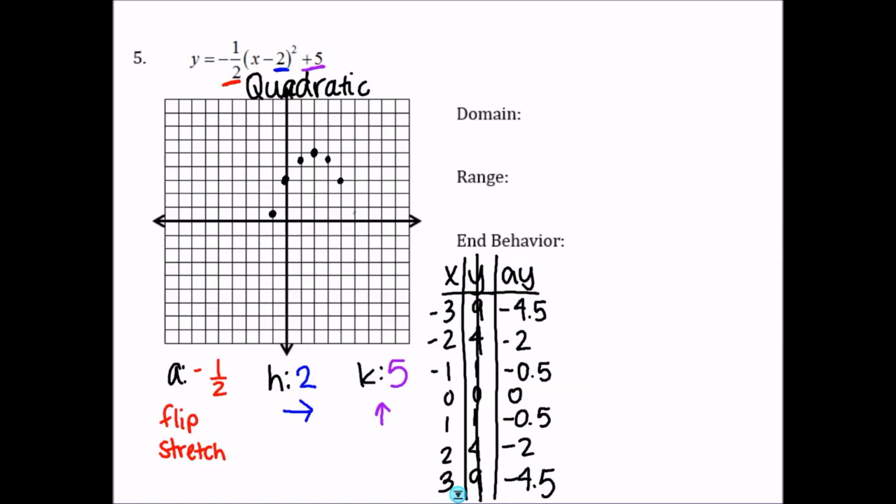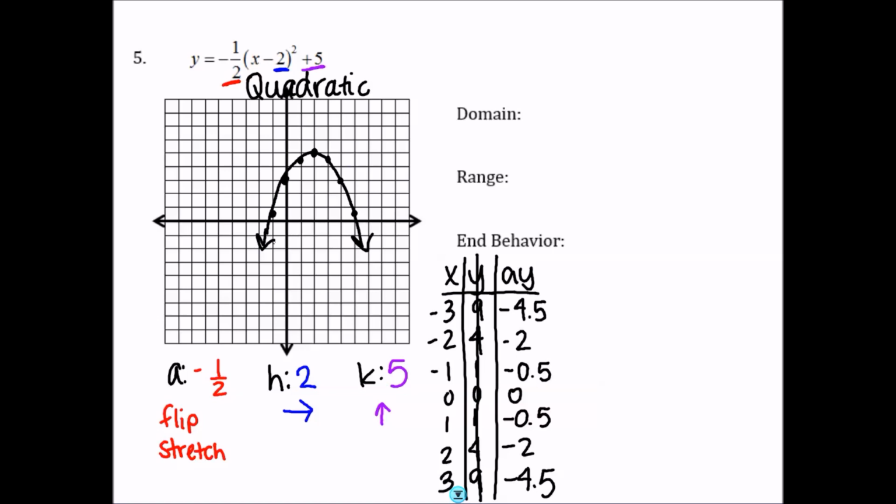And 3 to the right, down 4.5. Now, since I still have so much room on my graph, I could add several more points, but this is good enough for now. Then I can connect the points, and I have my parabola. You can see that it is flipped upside down from the way we graphed parabolas the other day, and that it has been moved to the right and up.